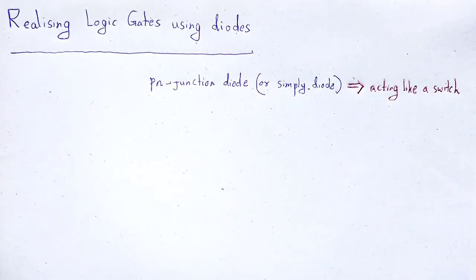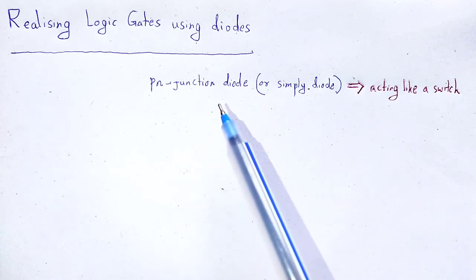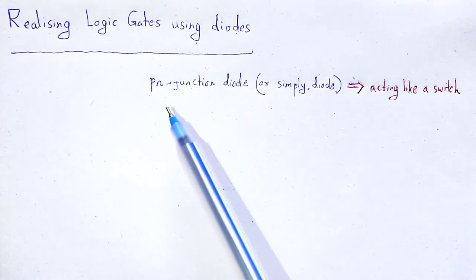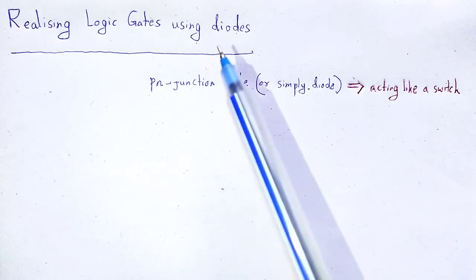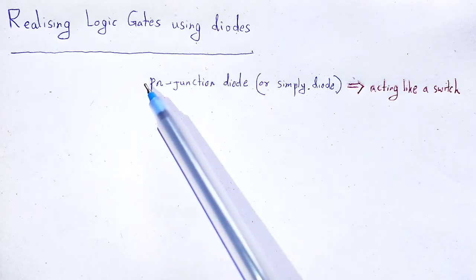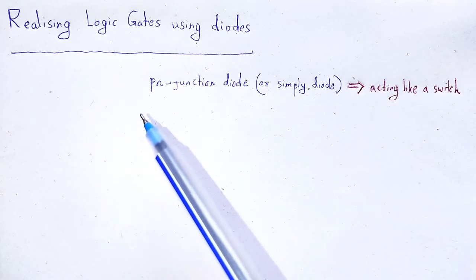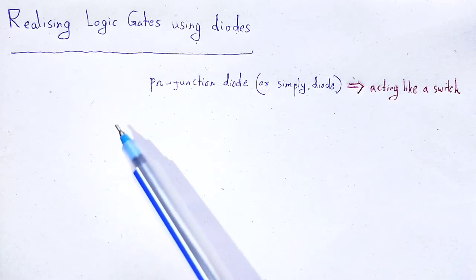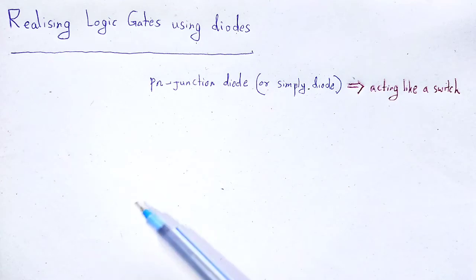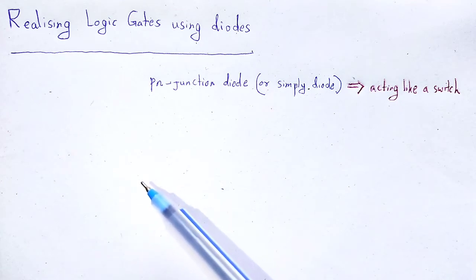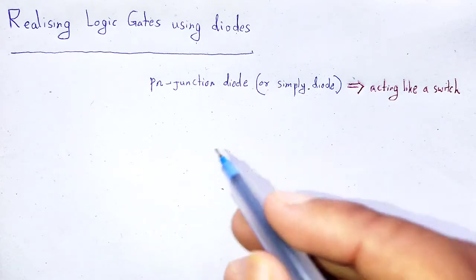How? We consider the idealized diode, meaning that it conducts in the forward direction with no voltage drop and does not conduct current in the reverse direction.